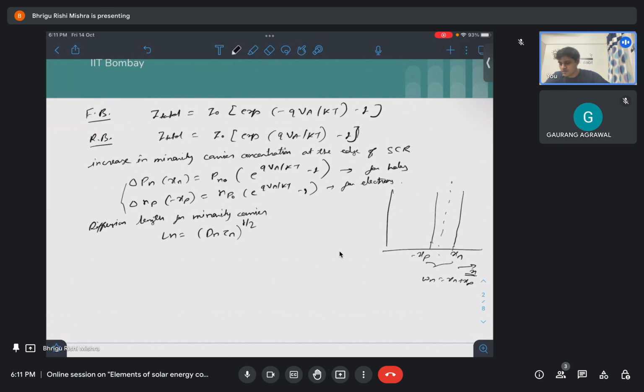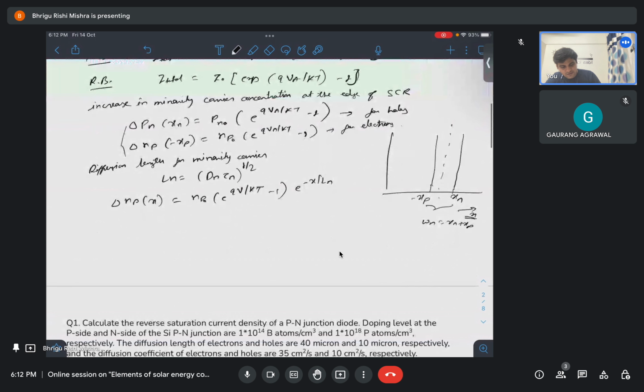So delta Np as a function of x is Np naught e to the power qV by kT minus 1, times e to the power minus x by Ln, where Ln is the diffusion length.